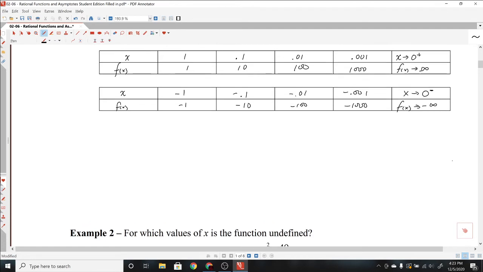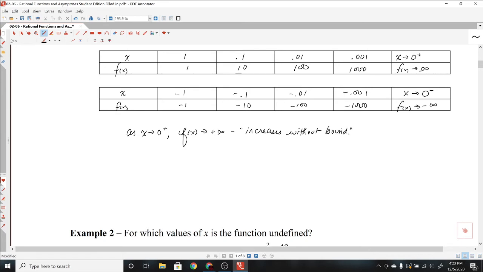So what we could say is this, that as x approaches 0 from the right, f of x approaches positive infinity. And the phrasing that we use quite often is that it increases, because it's going up, and it never ends. The phrase is without bound.